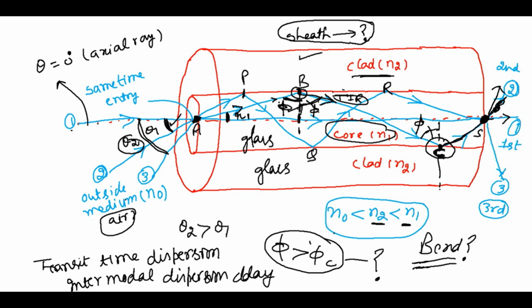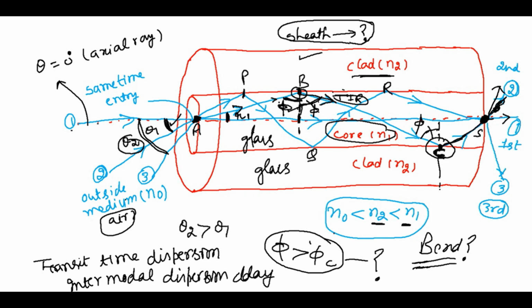Then what you must remember is that all rays which enter the optical fiber at the same instant of time, it is not necessary that these rays will come out of the fiber at the same instant of time. The rays which travel smaller distance or which are closer to the principal axis of the optical fiber will come out earlier than the marginal rays, which are traveling away from the axis of the fiber.